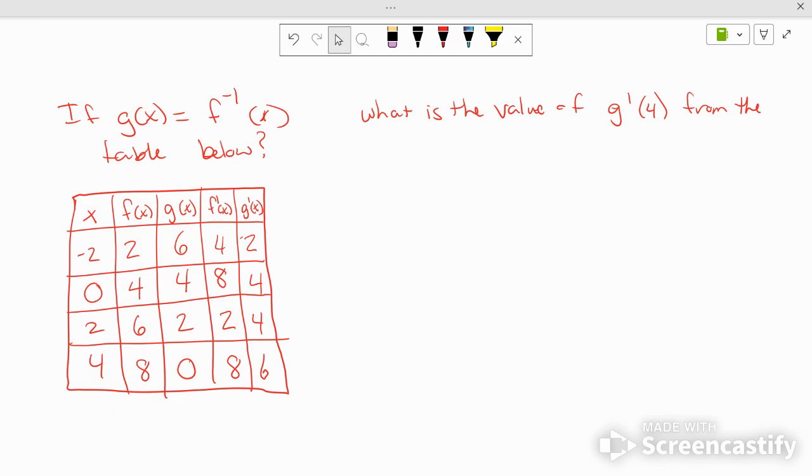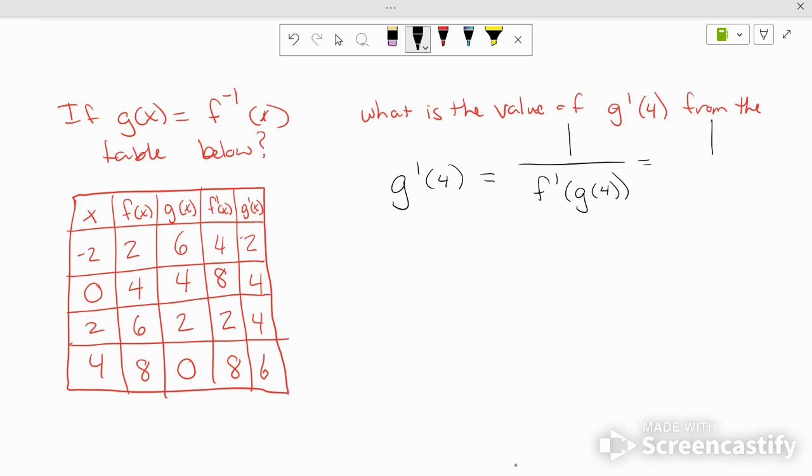What's the value of the first derivative of g at 4 given the table below? So the first derivative of g at 4, if they're inverses, equals 1 over what? The first derivative of f at g of 4.